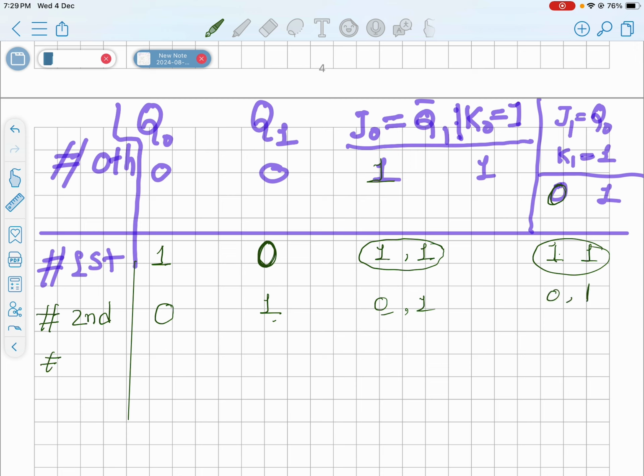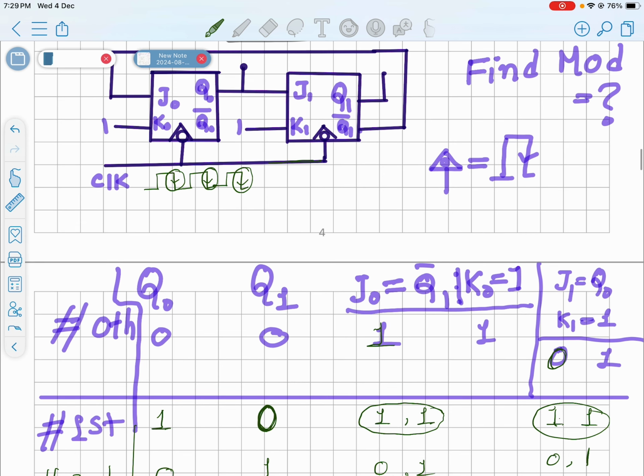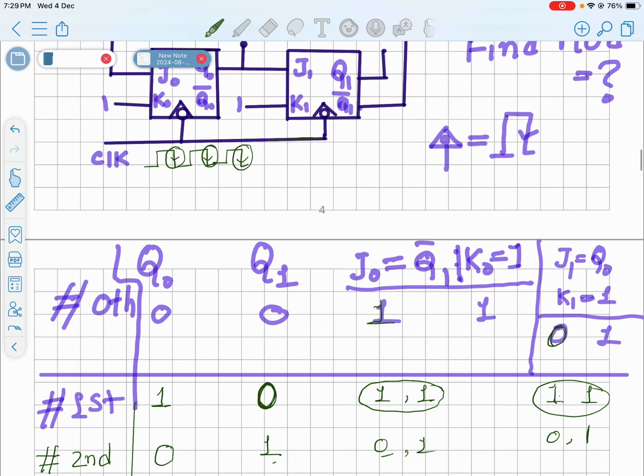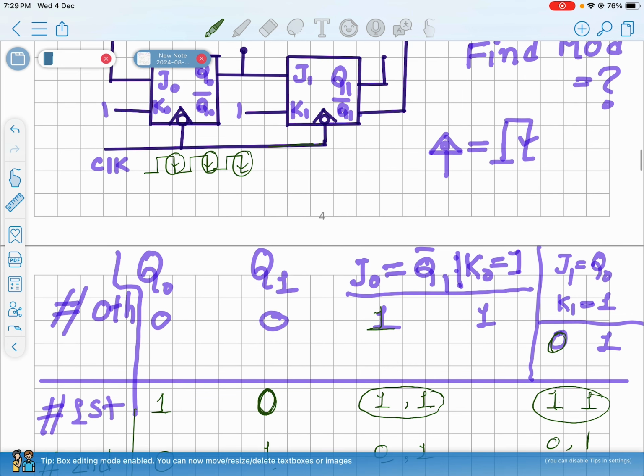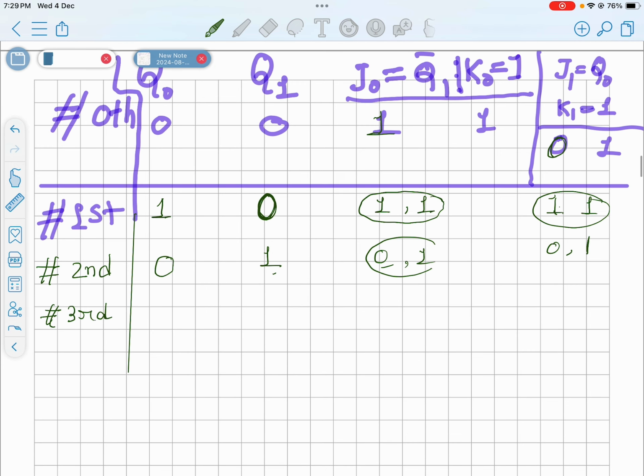After the third clock pulse, what will happen? The clock pulse came, and then both flip-flops will be activated at the same time, but we cannot calculate at the same time, no? See, 0 and 1, J is 0, K is 1, that means it is the reset condition.